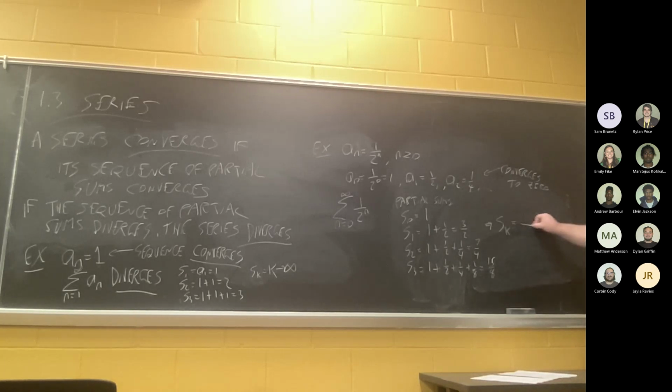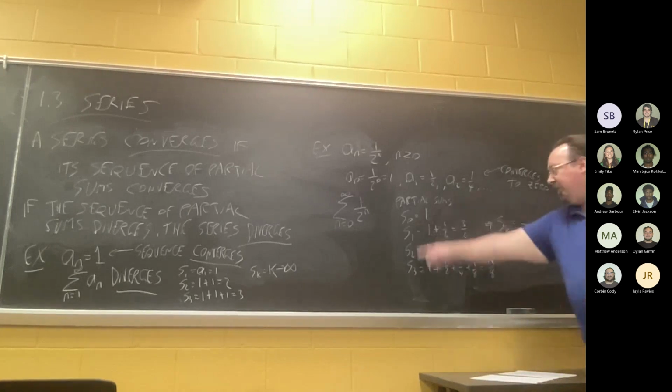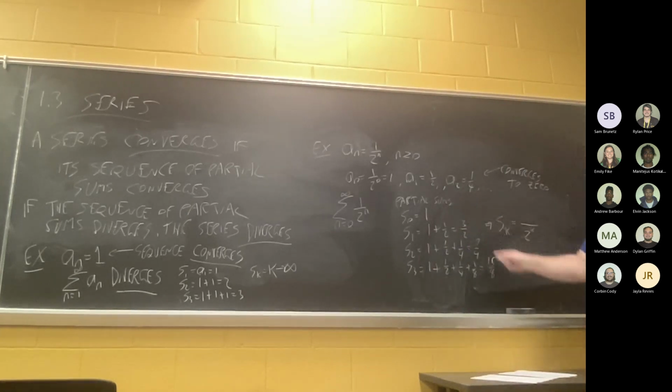We're getting a fraction. Start with the denominator, that's easier. It's 2 to the power k, because for 0, 1, 2, 3, we get 1, 2, 4, 8. It's just the powers of 2.